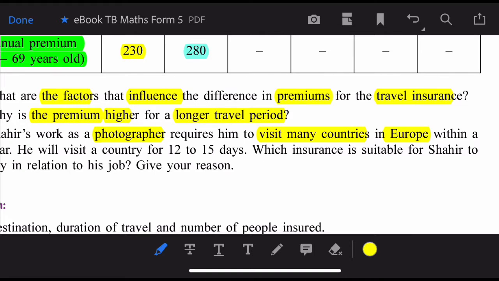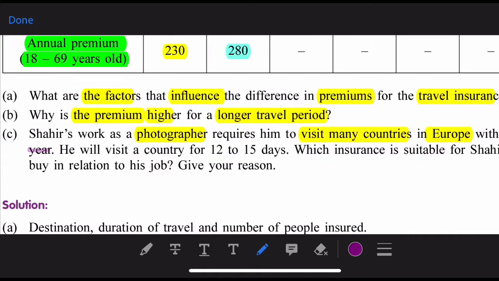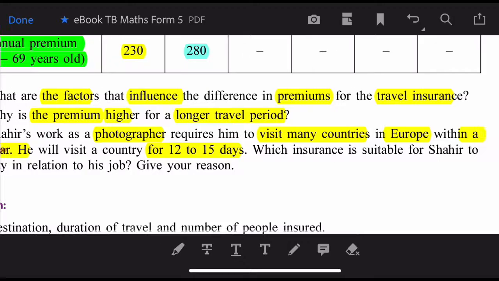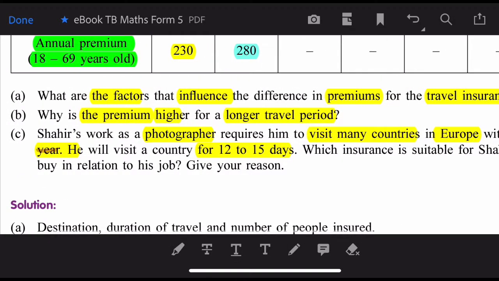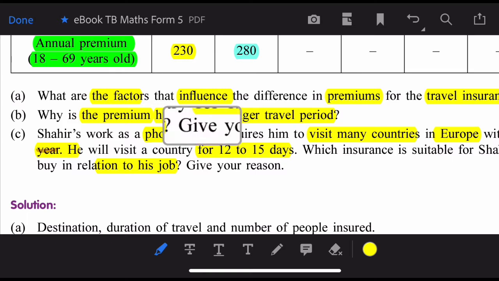He will visit a country for 12 to 15 days. Which insurance is suitable for Shahriar to buy in relation to his job? His job needs him to travel almost throughout the whole year. So you have to give your reason.